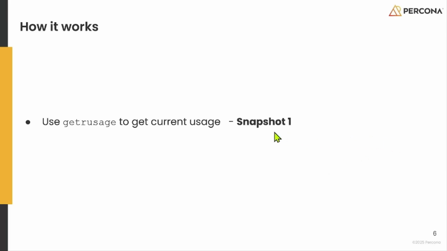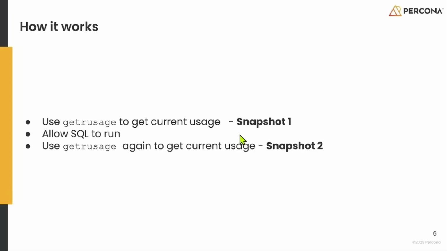Internally, the extension executes getrusage the first time. Let us call it snapshot1, and then it will allow the SQL to run. Then again it will execute getrusage. Let us call it snapshot2, and at the end it can calculate snapshot2 minus snapshot1, which gives the resource usage during the SQL execution.